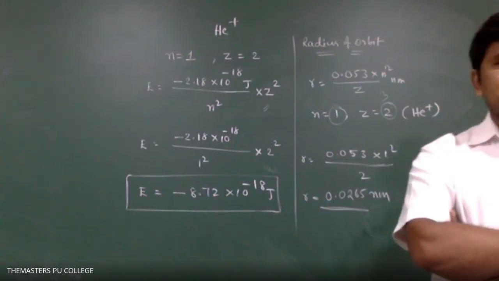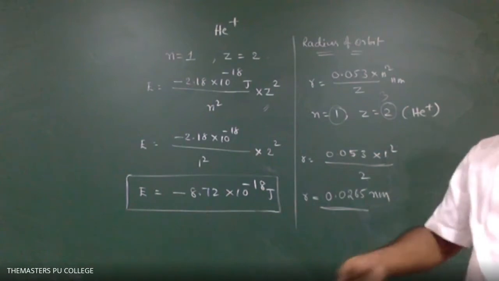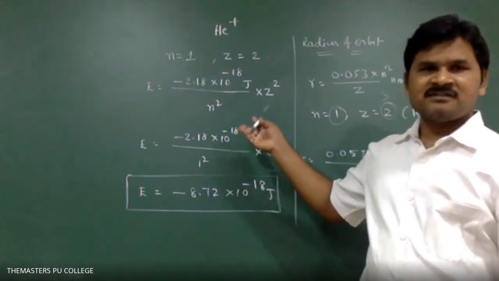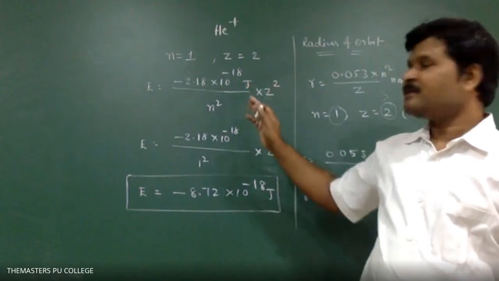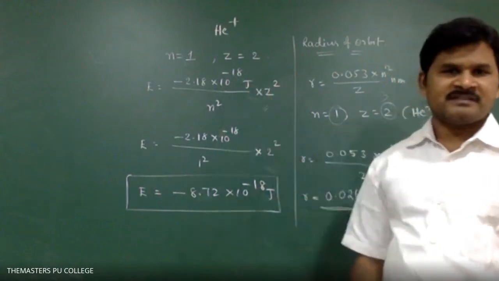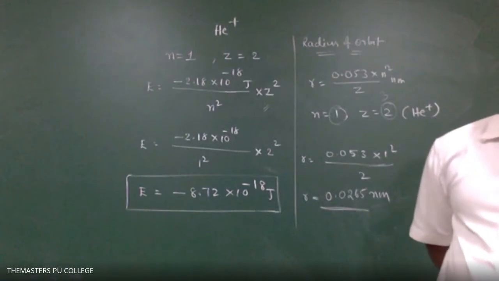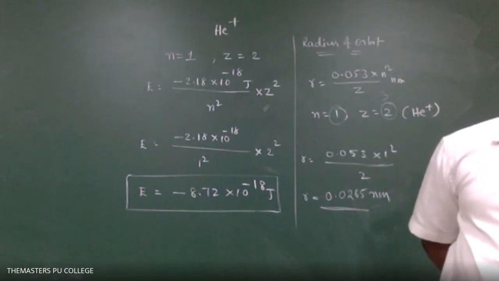Can you say the answer? Instead of asking to calculate energy in joules, he is telling the energy of the first orbit. For the fifth orbit, what do we have to do? Please try yourself. Here Z square is not required. Why?